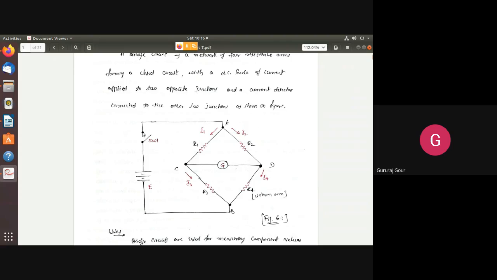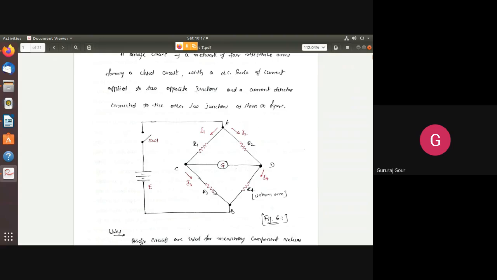If you look at this switch SW1 closed, we'll get this one loop starting from E, SW1, A, R1, C, R3, B, and coming back to E. With this closed loop, we can write an equation for the current I1 and I3. This is the series circuit, so I1 and I3 are the same current. So we can write I1 equal to I3.